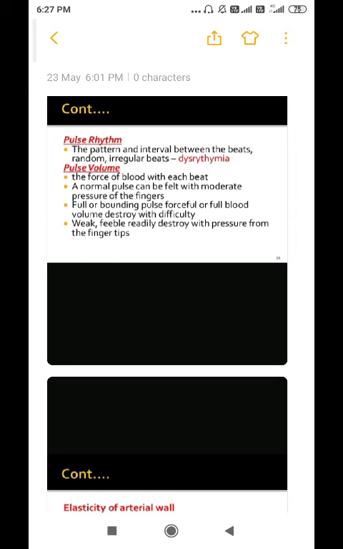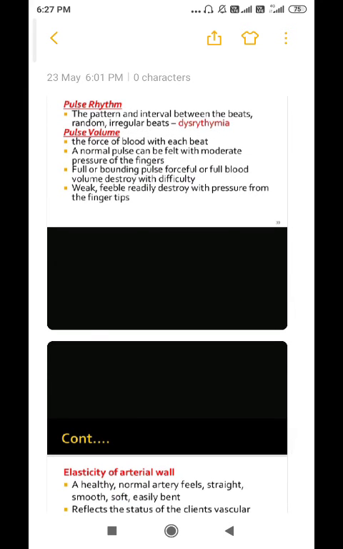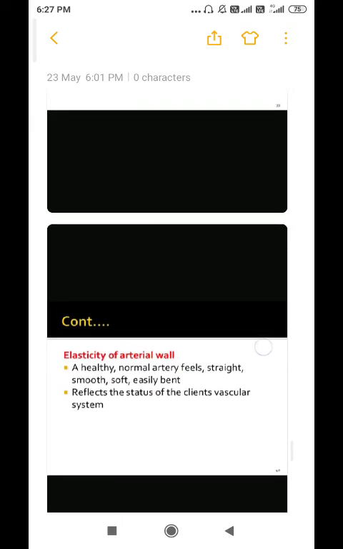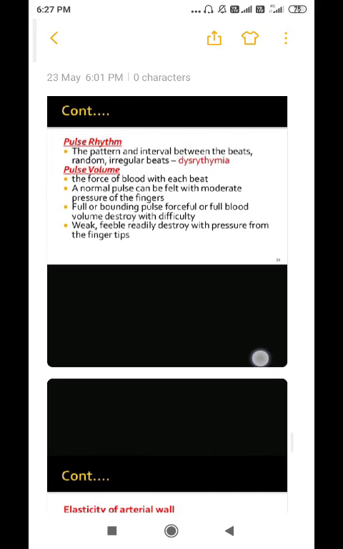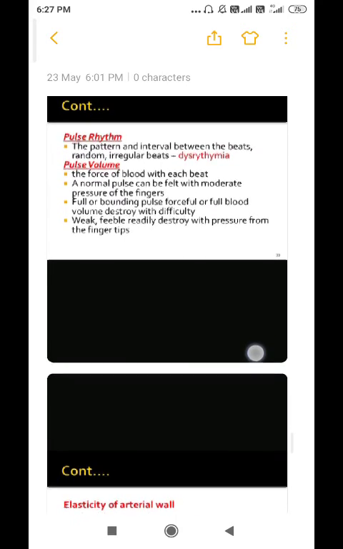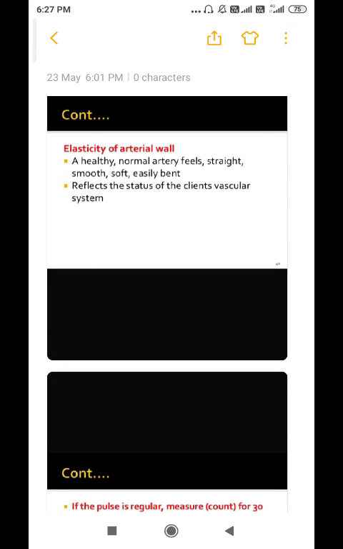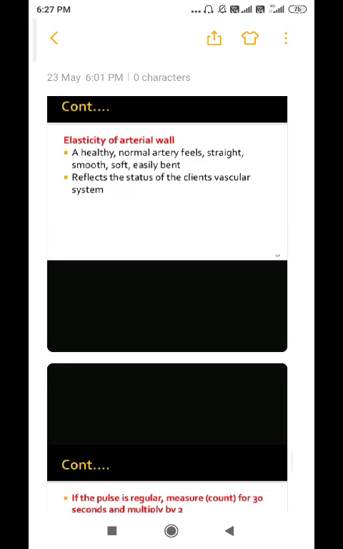A normal pulse can be felt with moderate pressure of the fingers, and a full or bounding pulse is forceful, full blood volume, destroyed with difficulty. Weak, feeble pulse is readily destroyed with pressure from the fingertips. And elasticity of the arterial wall: a healthy normal artery feels straight, smooth, soft, easily bent, and reflects the status of the client's vascular system.